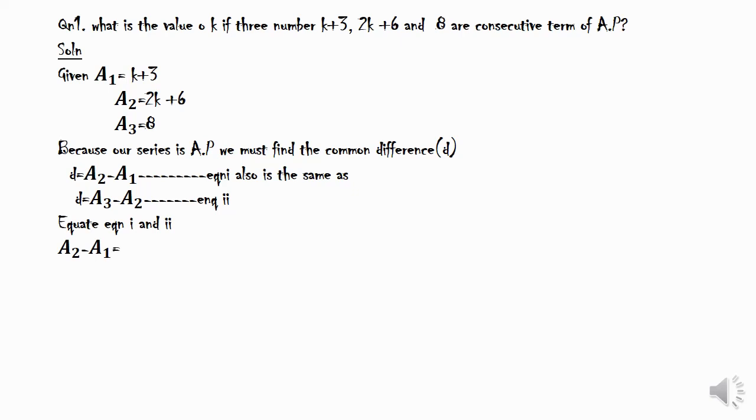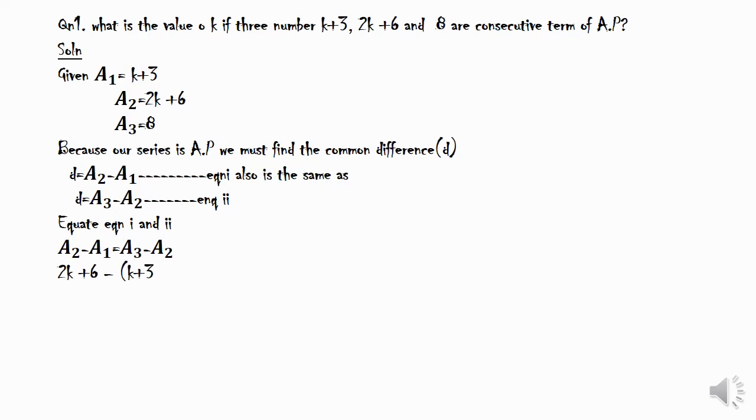Equation number 1 is a2 minus a1, the second term minus the first term, which is equal to a3 minus a2, the third term minus the second term, right? After that, substitute the values of a1, a2 and a3 in the given equation. Baada pale substitute thamani za a1 uliyopewa first term, termu ya kwanza, termu ya pili na termu ya tatu ulizopewa.